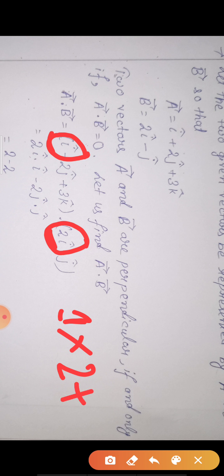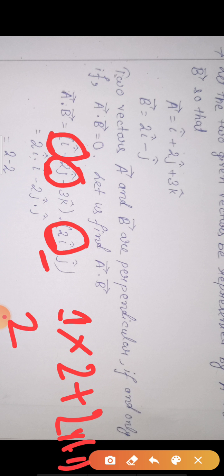now j hat terms into j hat terms. Here you have plus 2 with j hat, and with the j hat here you have minus 1, because minus j hat means j hat into minus 1. So 2 into minus 1 is equal to minus 2.